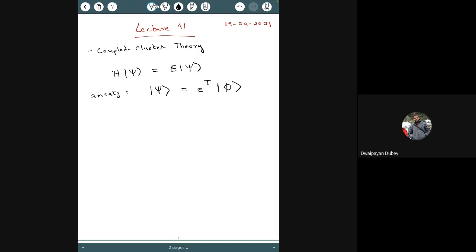And the nonlinearity is in the form of an exponential. So T is an operator which creates excited determinants out of the Hartree-Fock determinant, just like in a CI. But instead of just a linear combination of various excitations, we have an exponential combination. Now we substitute this in the Schrodinger equation.